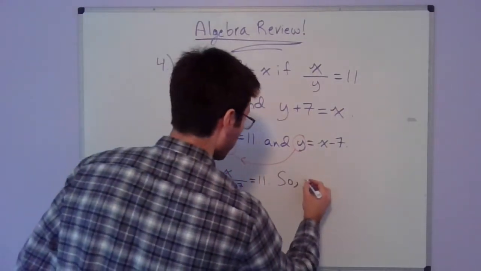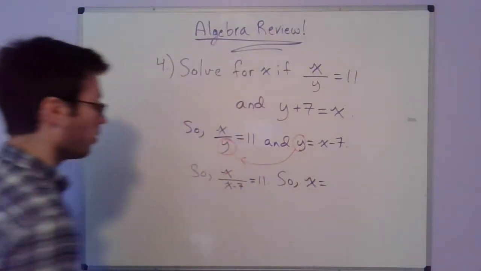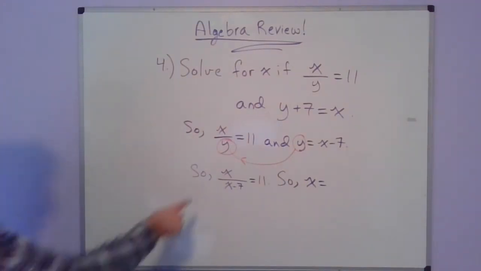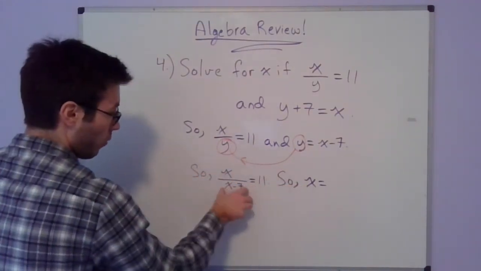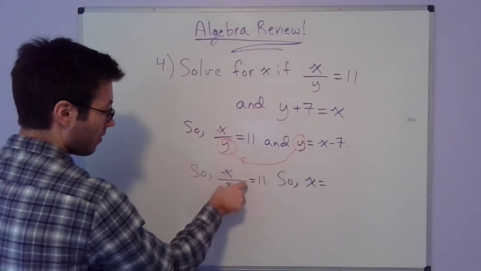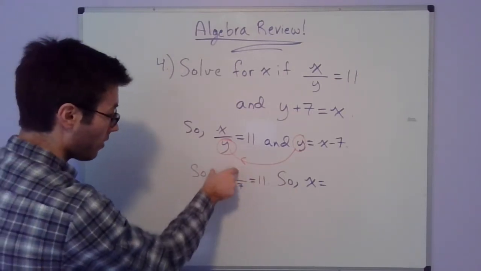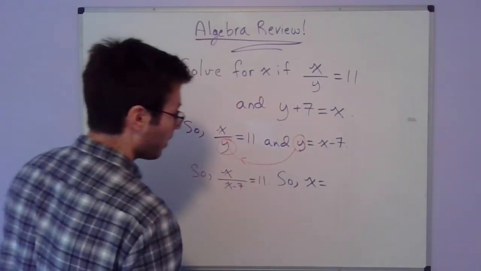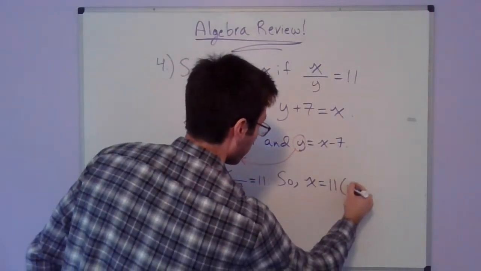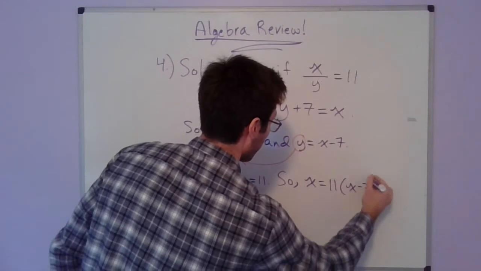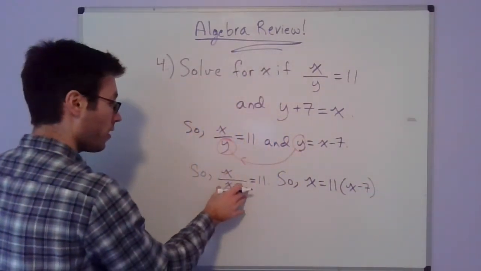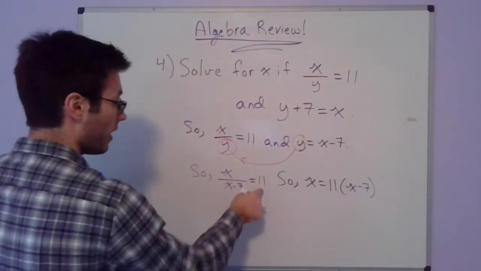So I get x is equal to, that x right there is right there. And when I multiply both sides by x minus 7, this term is gone on the left-hand side. So x is equal to 11 times x minus 7. It kind of takes this term over here and swings over and hits that.